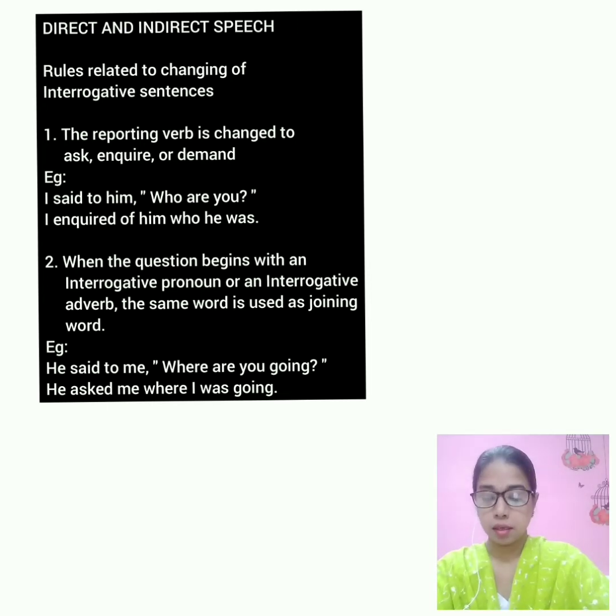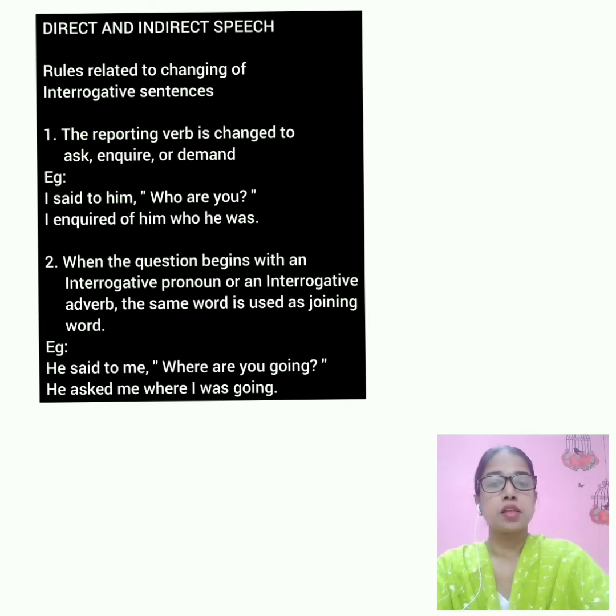Like in the example you can see, he said to me, where are you going? So here your question is starting with an interrogative adverb, where. Now when you change it into the indirect speech, the word where now becomes the joining word. The question word becomes the joining word.